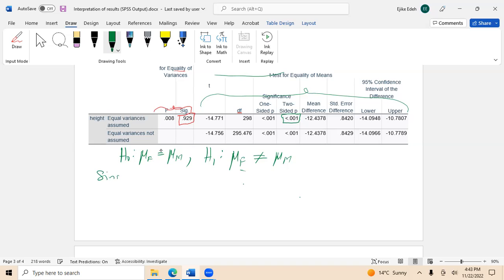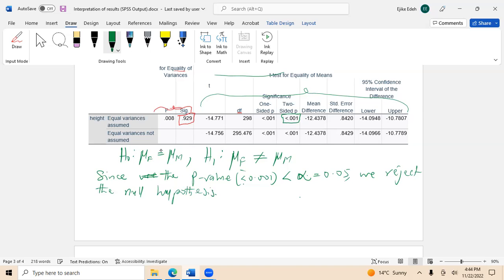You could write this in different ways, but I would say since the p-value, which is smaller than 0.001, is less than alpha, which is equal to 0.05, we reject the null hypothesis.